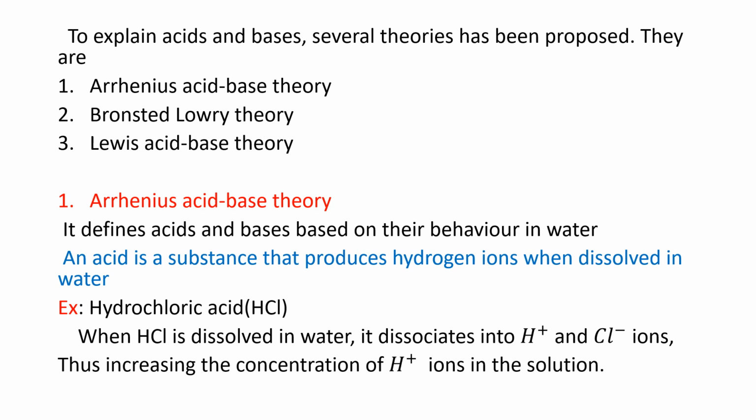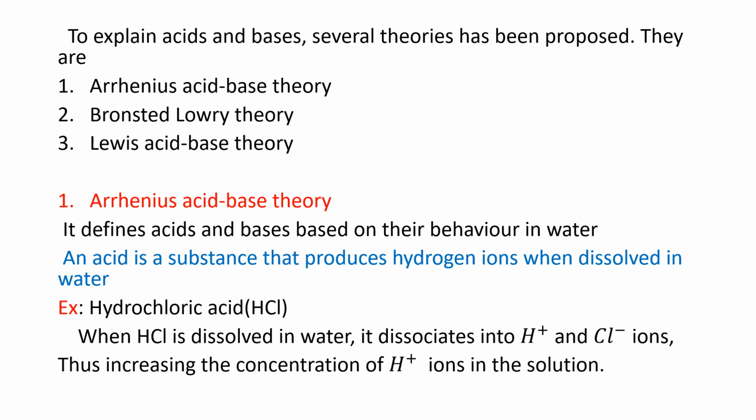If HCl is dissolved in water, it will be dissociating into H+ ion as well as Cl- ion. Since H+ ions are produced in a solution, we can call this hydrochloric acid an acid.